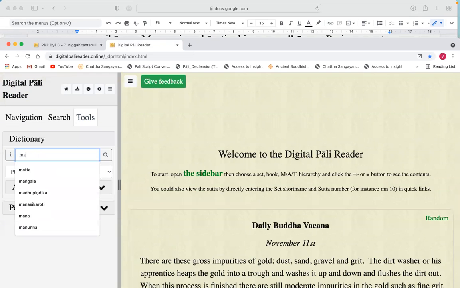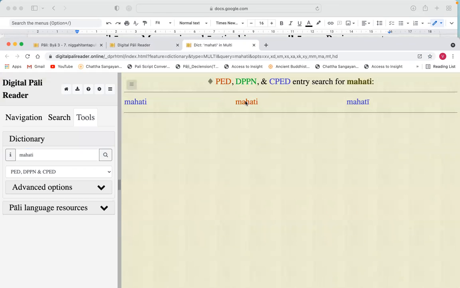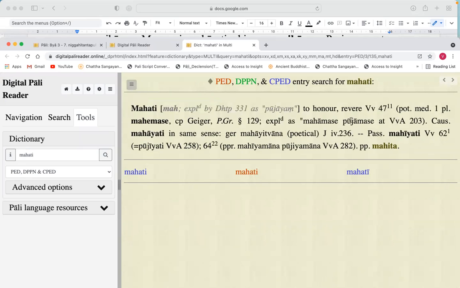Even in the dictionary, to honor or to revere, root maha. But when you use it as a person, mahiyati or mahita, the meaning is changed.